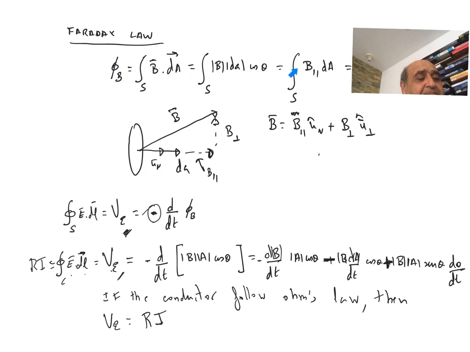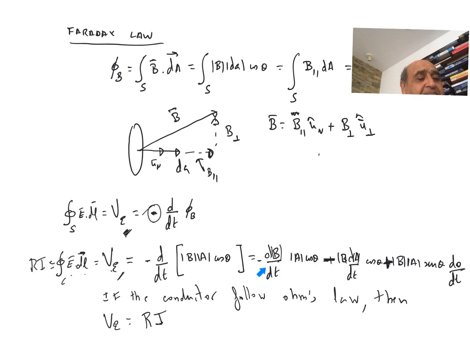The flux is this, and the electromotive force is this one, the variation of the flux, and the minus sign is this one. And what I did here is the flux is this quantity, B times A times cosine of theta. So it can change with respect to time if B changes with time, or if A changes with time, or theta changes with time.